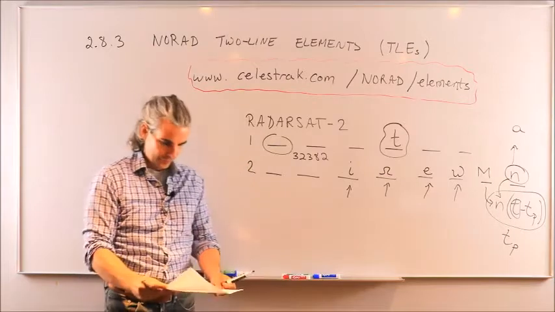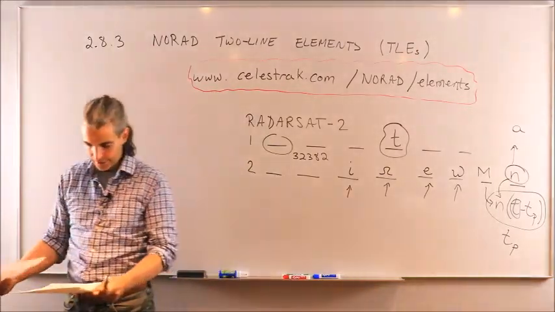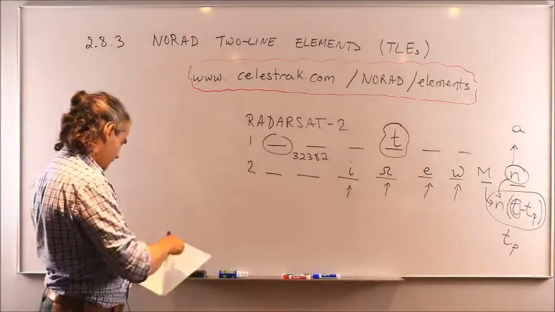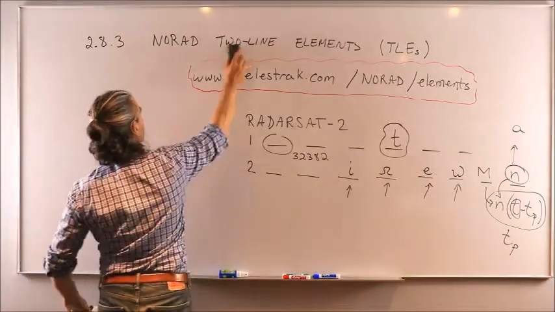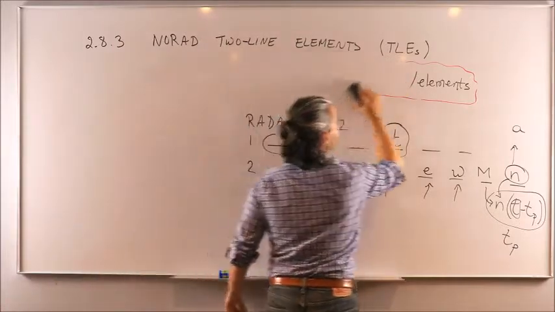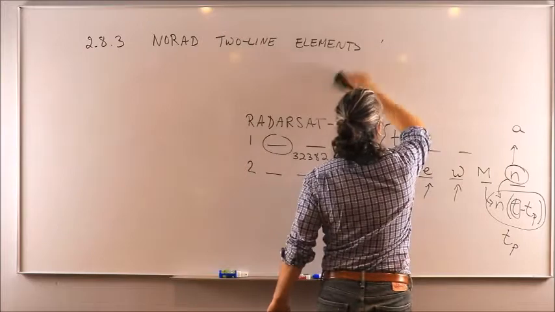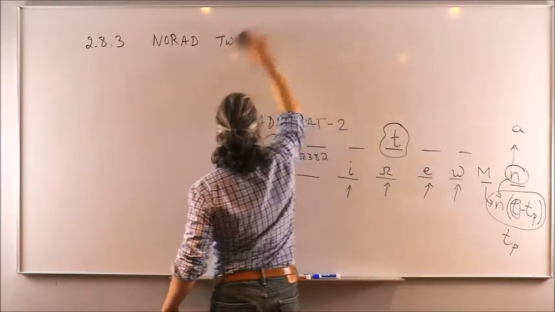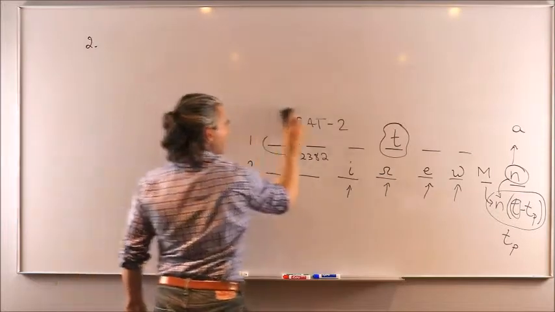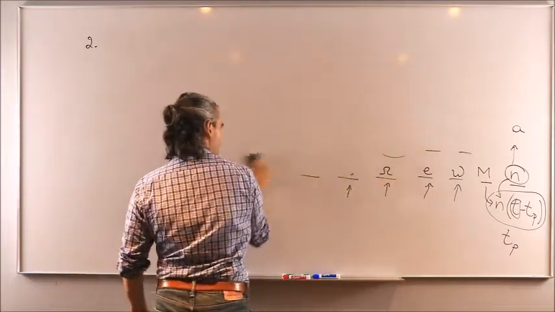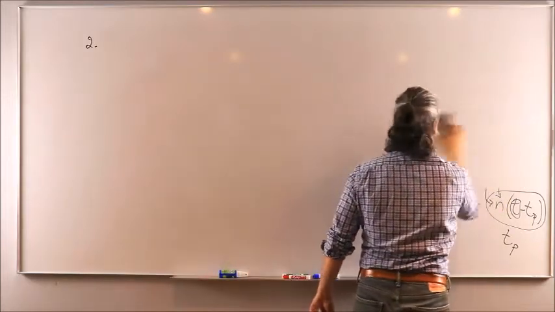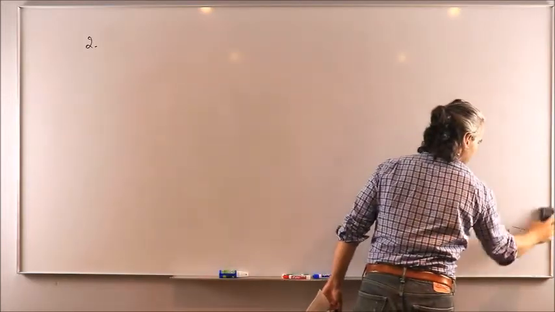So this is it for 2.8.3. So let's now talk about another useful tool that is extensively used by ground operators working in ground stations, where ground stations are there to establish communication with spacecraft flying in the vicinity of the ground station.